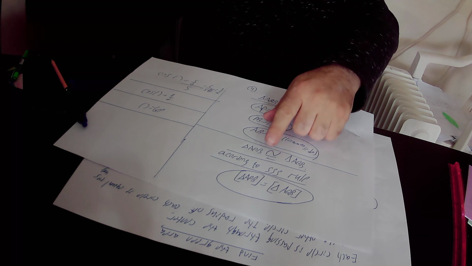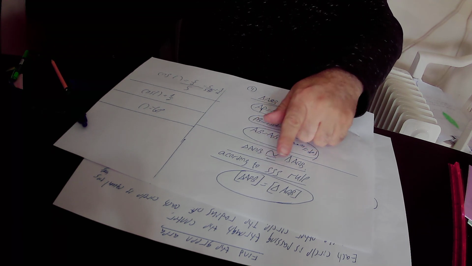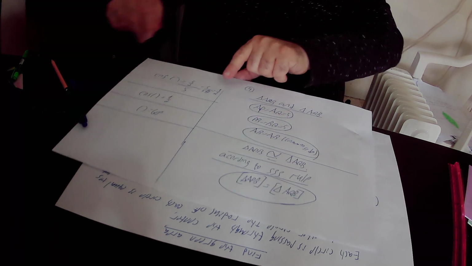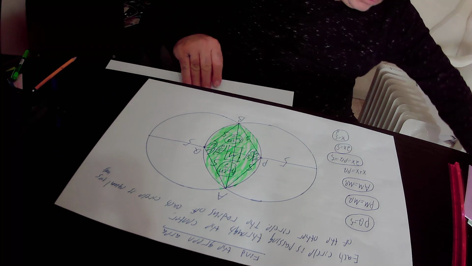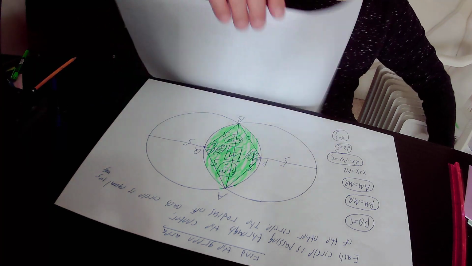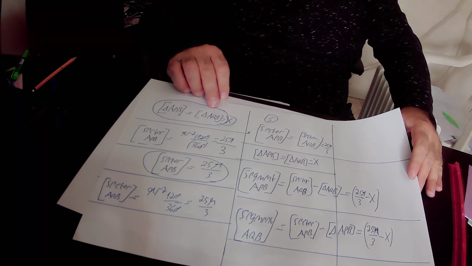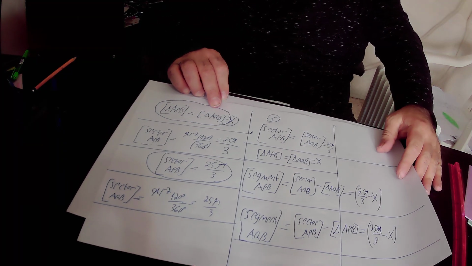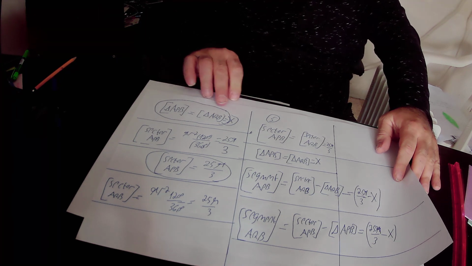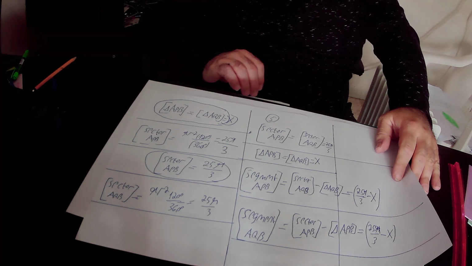That is to say, the area of triangle APB is equal to the area of triangle AQB, and we defined the area of those two triangles as X.